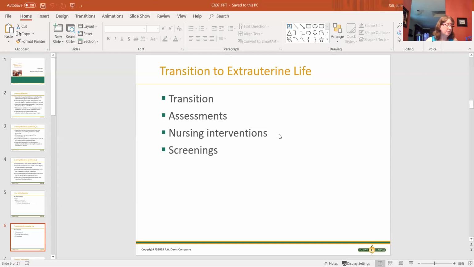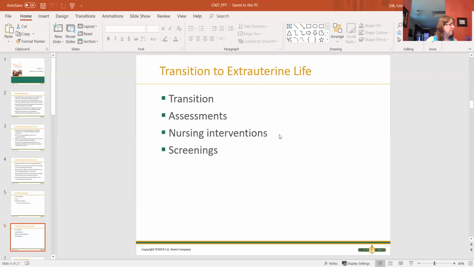Some of the other things that we're going to screen them for, remember we talked about PKU in our OB stuff? That would be something they're going to get screened for. Phenylketonuria, that's a metabolic disorder that they test for.